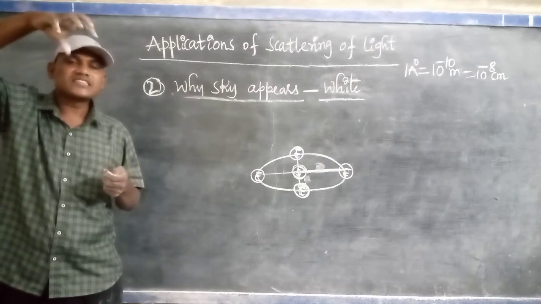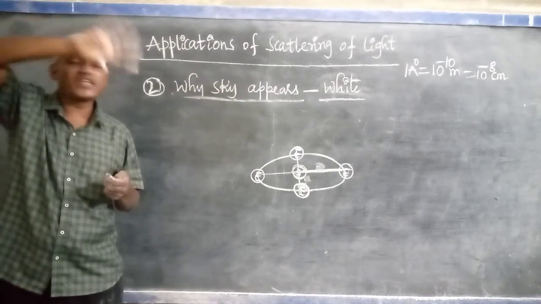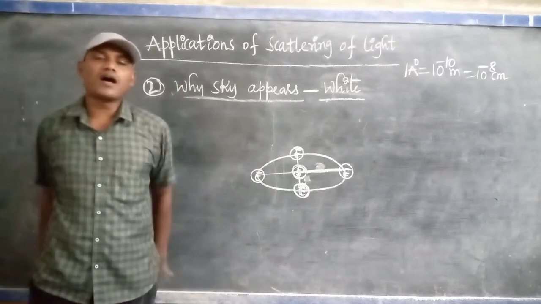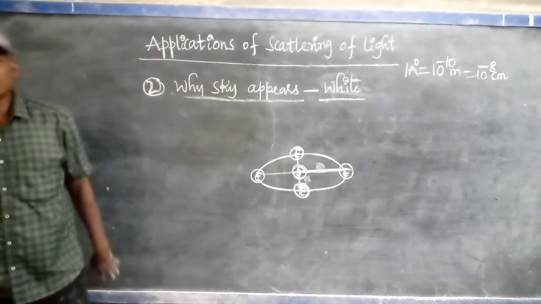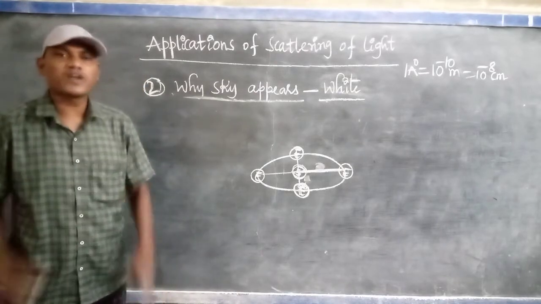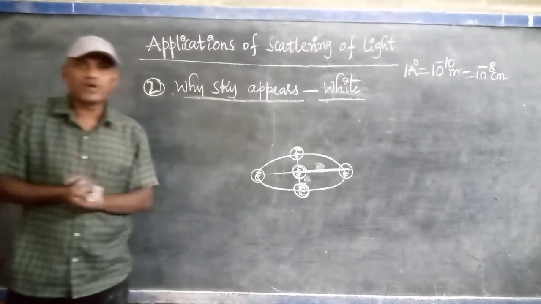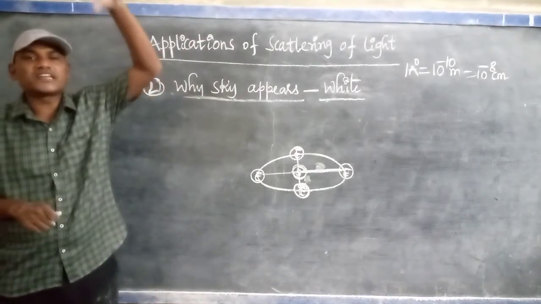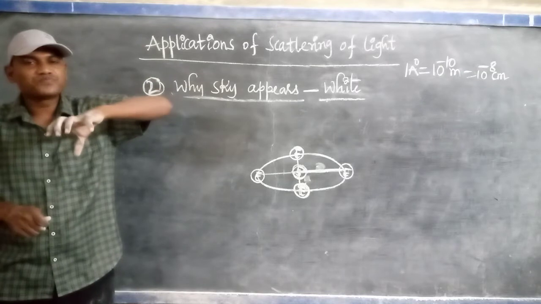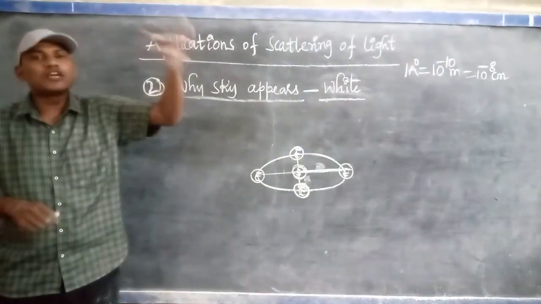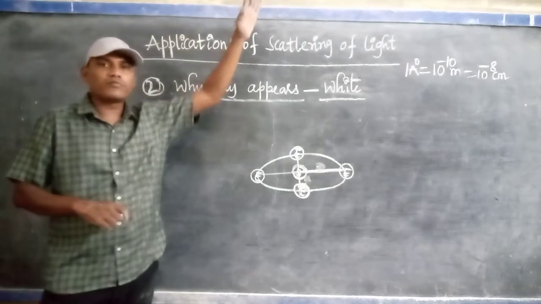That's why this size is comparatively equal to the average wavelength of, what is that one? All colors of the light. Okay, the average wavelength of all colors of the light, which one? Yellow color, but not exactly that one. What I say is, the size of the molecules present in the air at noon time is not exactly equal to any one color's wavelength of light.